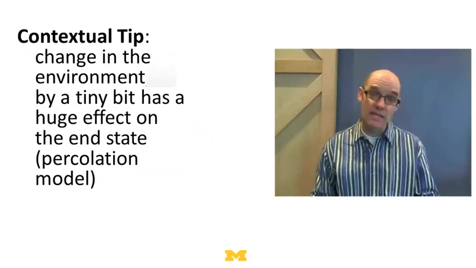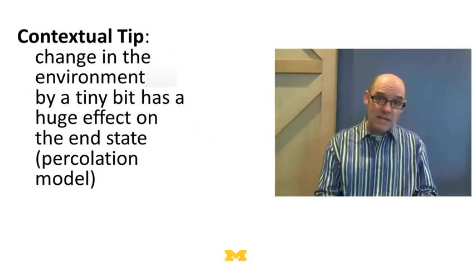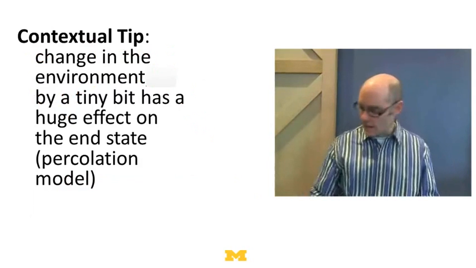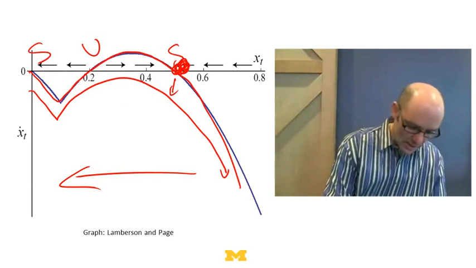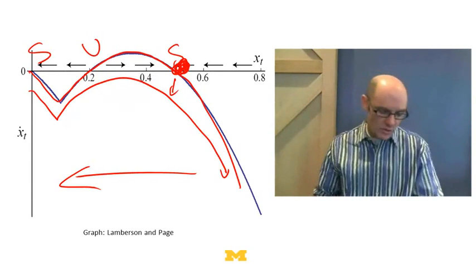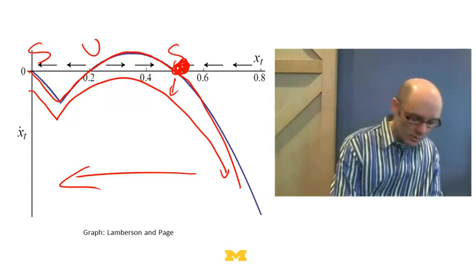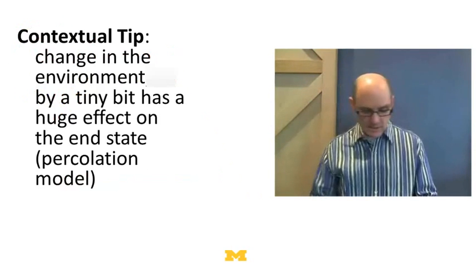What we've got is a contextual tip. A change in the environment, just by a tiny bit, wipes out this equilibrium. The dynamical system always points to the left, and you get a completely new equilibrium at zero. So a contextual tip is a change in the environment.